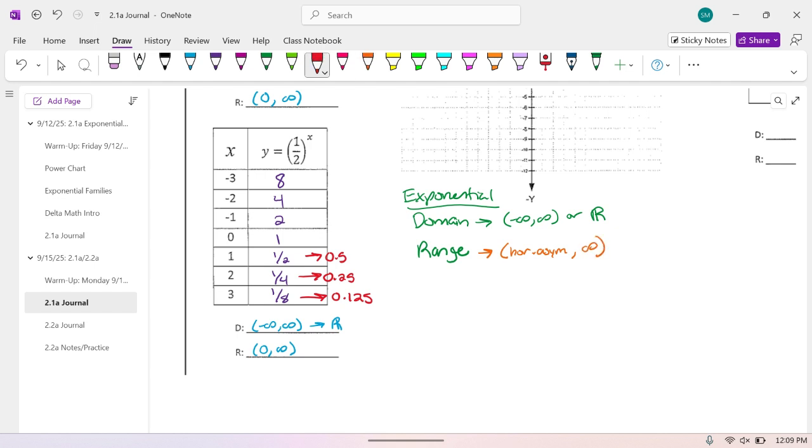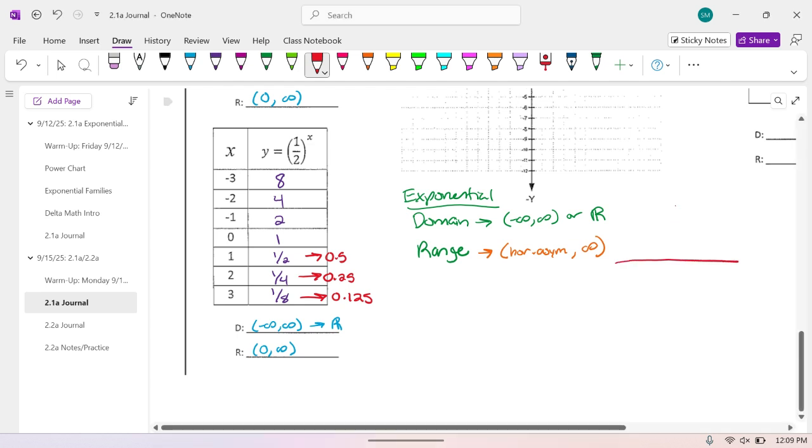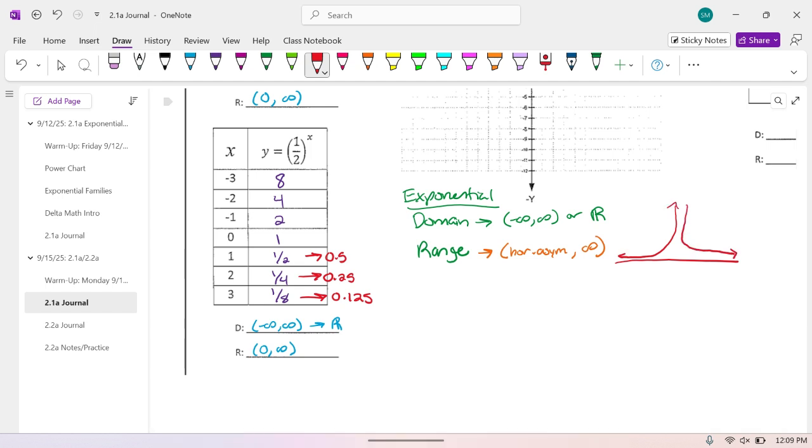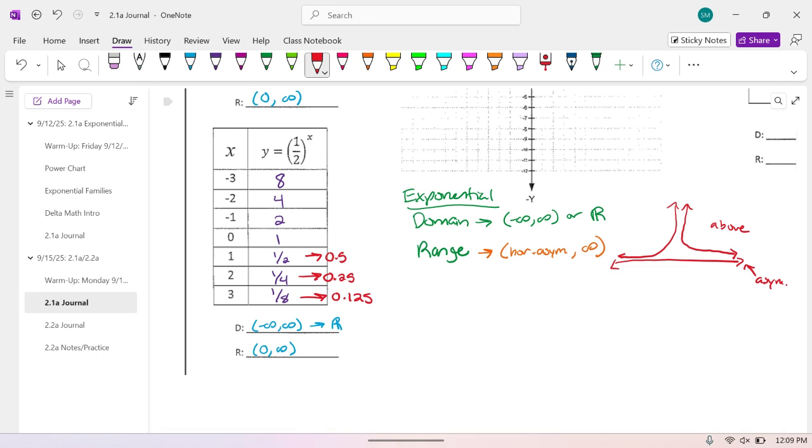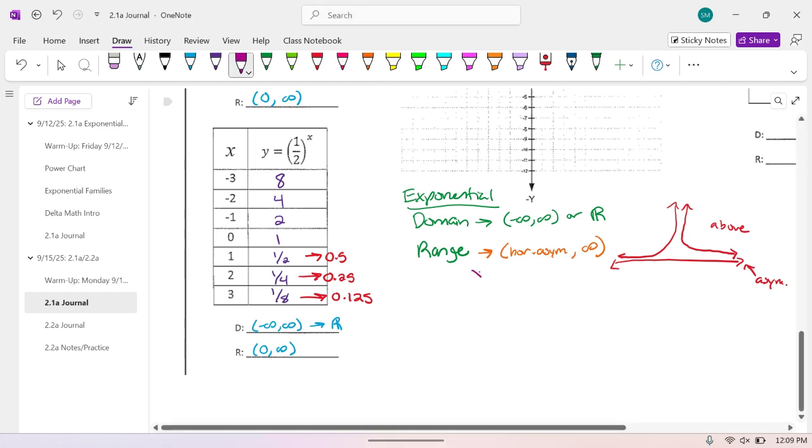And that happens when your graph is above the horizontal asymptote. So it can look either like this or this. So if your graph is above the horizontal asymptote, you'll go from whatever number the horizontal asymptote is to infinity, and both sides have parentheses. Now, the other way you'll see it is from negative infinity to your horizontal asymptote.